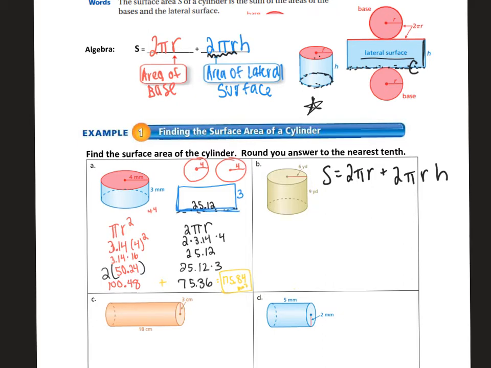Before we get started with this next cylinder, I have to point out a mistake I made above. Hopefully you were confused by what I was saying and you're like, Miss Schlegel, I thought that the area of a circle was pi times radius squared.